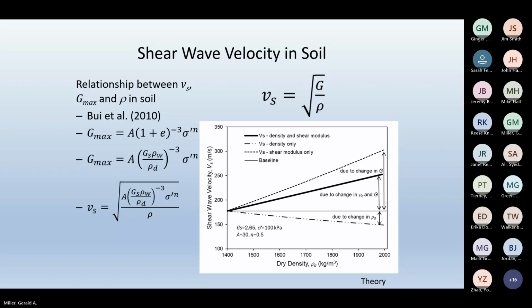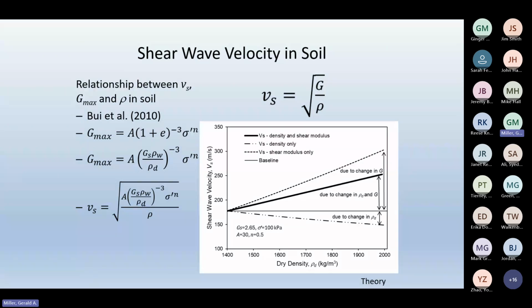So this is our baseline, right, at a density of 1400. And given these parameters, specific gravity and 100 kPa effective confining pressure, that equation gives me this. Now, if I increase density, it's going to increase G simultaneously according to this equation, and this is what's going to happen.